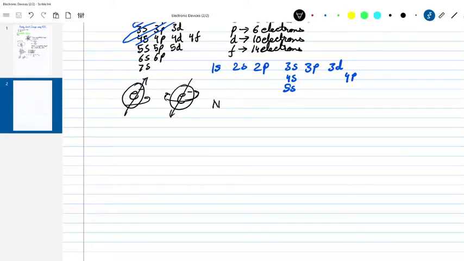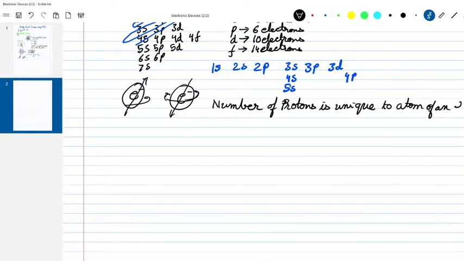So the number of protons is unique to an atom of an element. I can fill these atoms in columns and rows, and that's referred to as the periodic table. Number of protons is also known as atomic number.